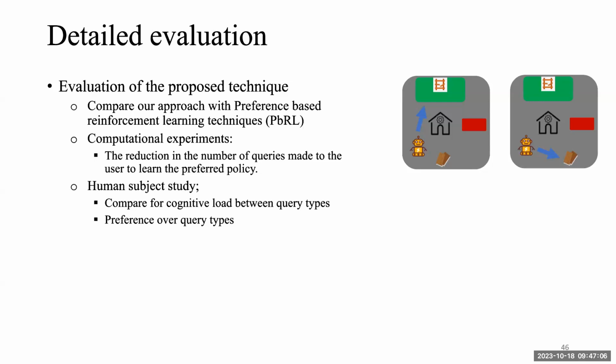So we want to see if our approach has some reduction in the number of queries required to learn the preferred policy. And more importantly, we also want to do a human subject study where we compare the cognitive load between these kinds of queries and the kinds of queries we are looking at, which are mainly labeled queries. And we also want to see if users have a preference over what kind of query they like.